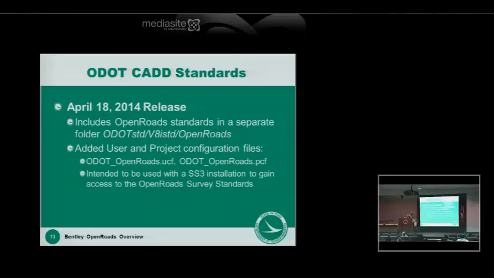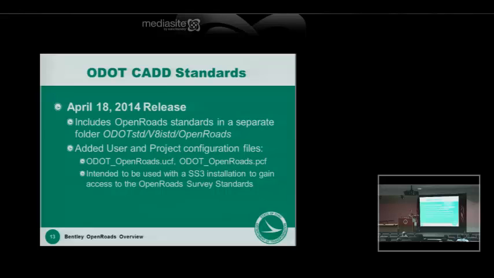But moving forward, this morning Mark talked about ODOT CADD. He mentioned the DGN libraries all being integrated in one place. ODOT OpenRoads has some DGN libraries for OpenRoads survey, and there are DGN libraries for ODOT's levels up in the other V8i standard DGN lib folder. So things were kind of segregated. Part of moving forward is to get all that stuff integrated back into one directory structure. There's not a separate folder that has some OpenRoads stuff.